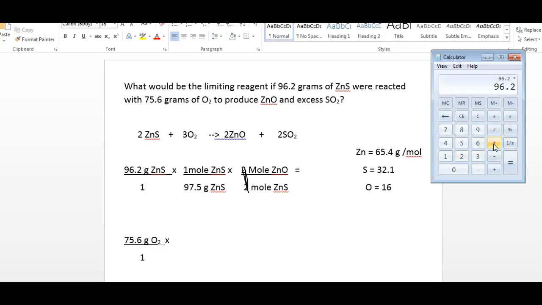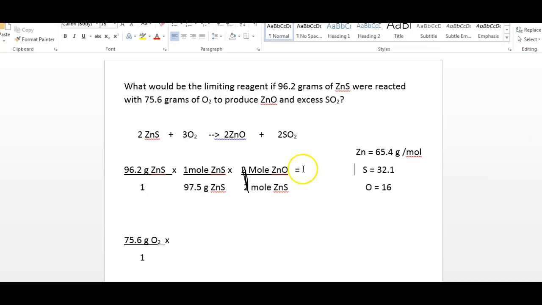times 1, then we divide it by 97.5. Same answer, 0.986.